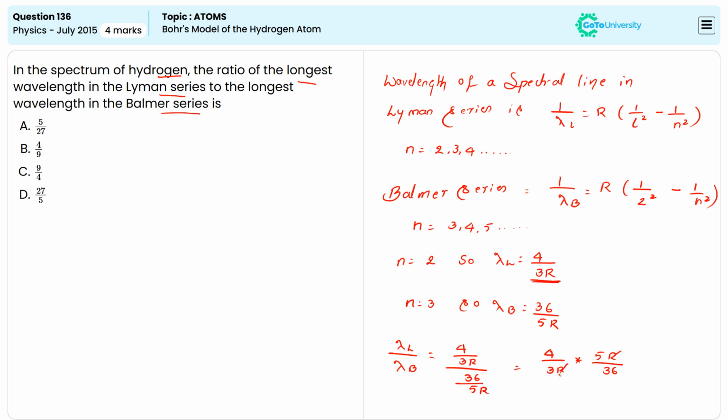If we cancel R, then this becomes 20 by 108. By simplifying with the help of the cancellation of the table 4, then 5 by 27. So option A is the right answer.